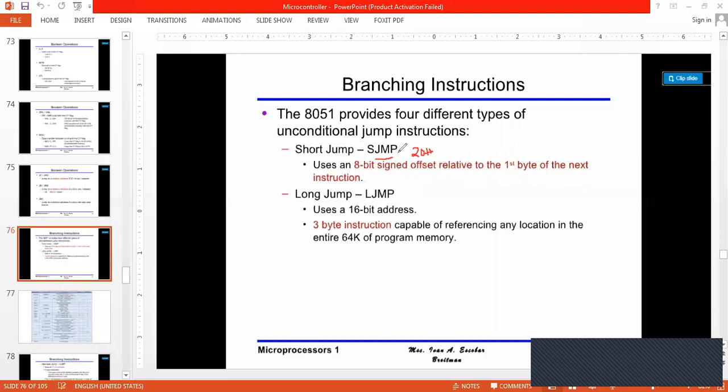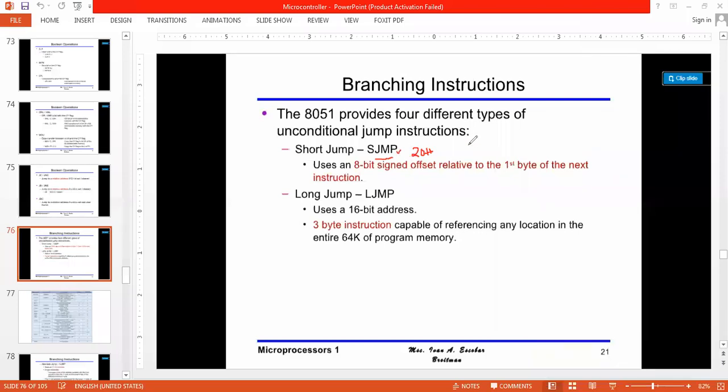This is a local jump only for 256 bytes, and this is a standard jump for up to 64 kilobytes.